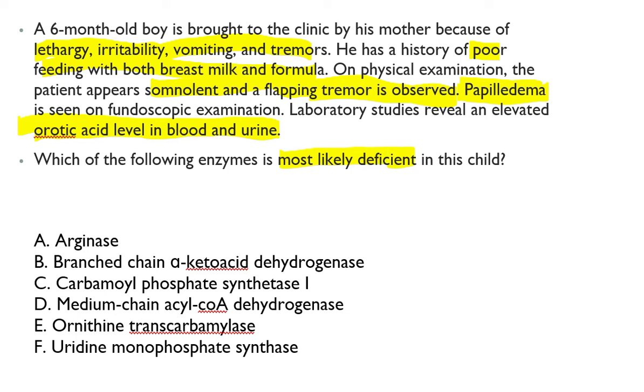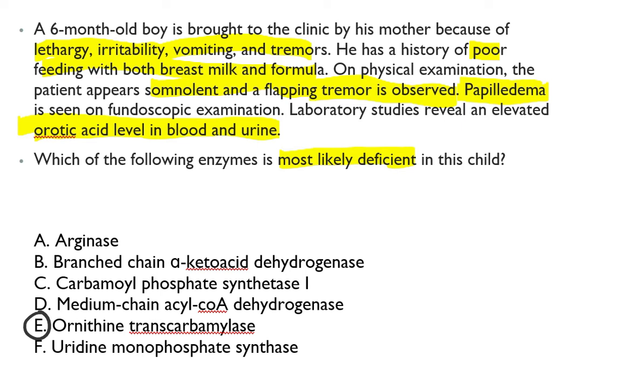So let's sort of run through the answer choices. The most likely enzymatic defect in what this patient is experiencing is ornithine transcarbamylase, or OTC deficiency. So the correct answer is E. And the reason why is because ornithine transcarbamylase, or OTC, catalyzes the conversion of ornithine and carbamyl phosphate into citrulline.